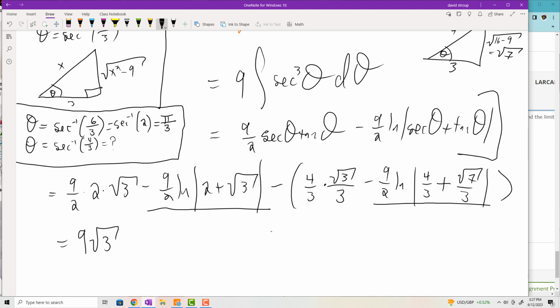Basically, the difference of logs is the log of the quotient, so you'd have plus 9/2 times the ln of, let's see, it's going to end up being 4 plus root 7 all over 3 times the 2 plus root 3, so that would be 6 plus 3 root 3, and then where are we? Minus 4 root 3 over 9.